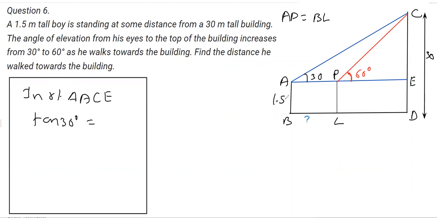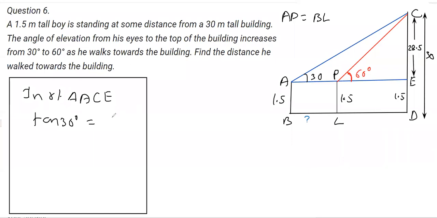One more thing, we know this as 1.5, so this will also be 1.5, and this also will be 1.5. And since the length of this whole tower is 30, the length of EC will be 30 minus 1.5, that is 28.5.